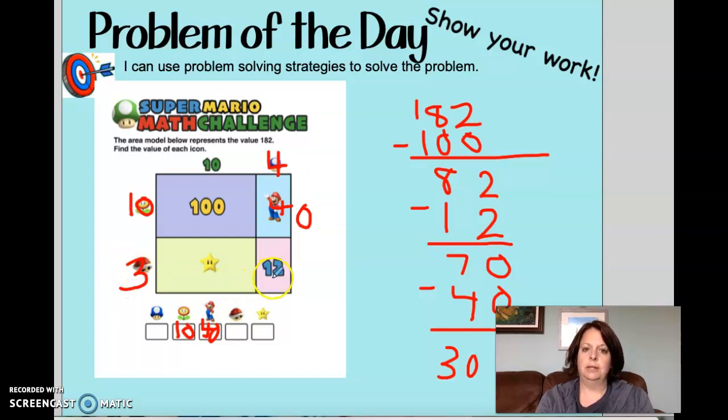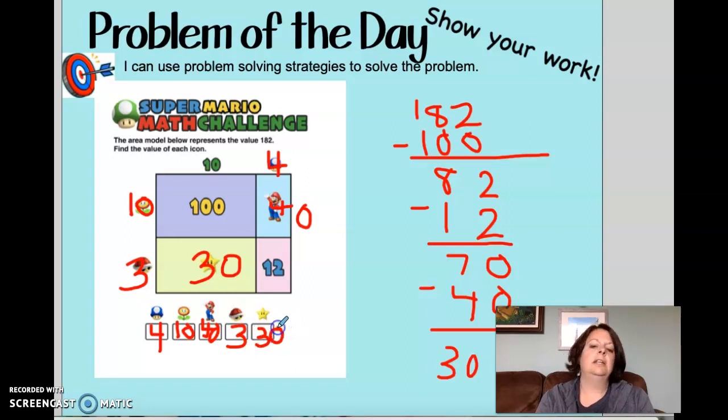So 3 times 4 is 12. 3 times 10 is 30. So now I can start filling in my chunks here, right? So we know that the mushroom is 4, the red shell is 3, and the star is 30.